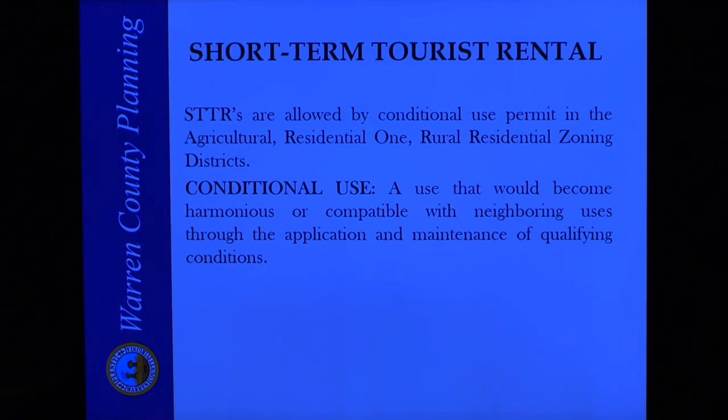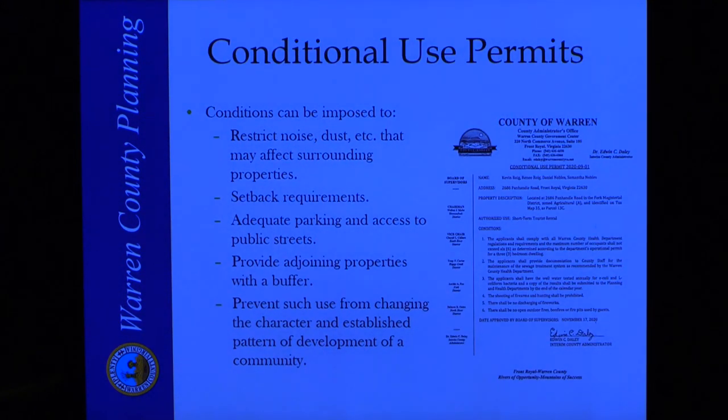So the conditional use, it's up to the Board of Supervisors to determine if that is a use that's harmonious and compatible with the neighboring uses. So does it fit in that neighborhood, in that area where they're applying for? Just really briefly about conditional use permits, the Board of Supervisors can put conditions on the permit that restrict noise, dust, or anything that may affect surrounding neighbors.